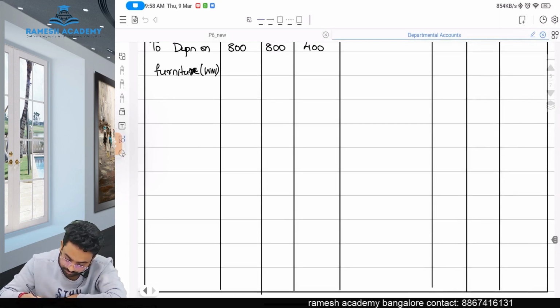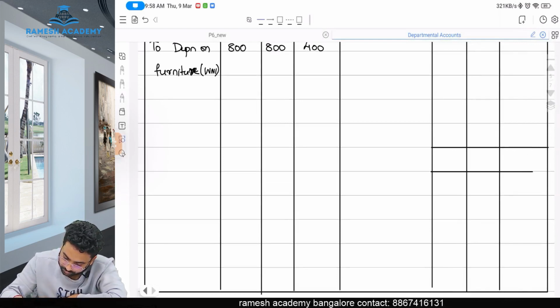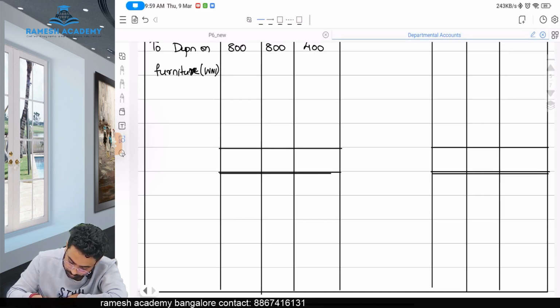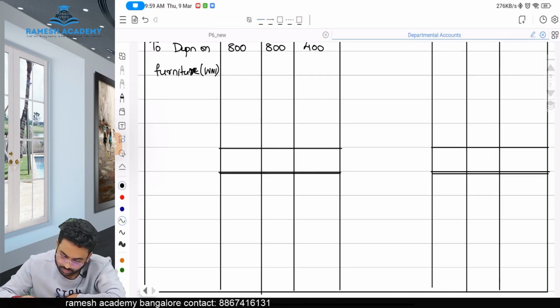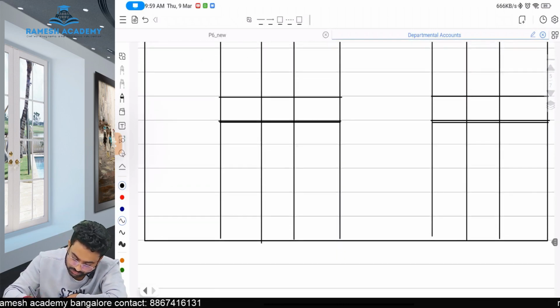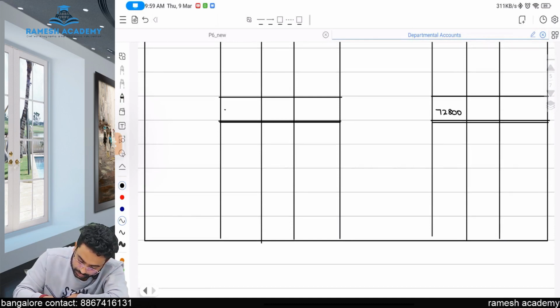We'll see. So 71,000 plus 1,800 will come to 72,800. So 72,800 on the credit side.